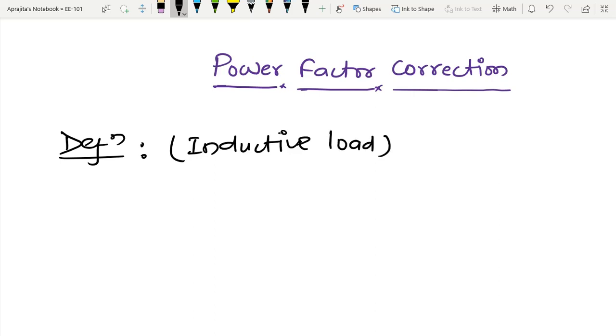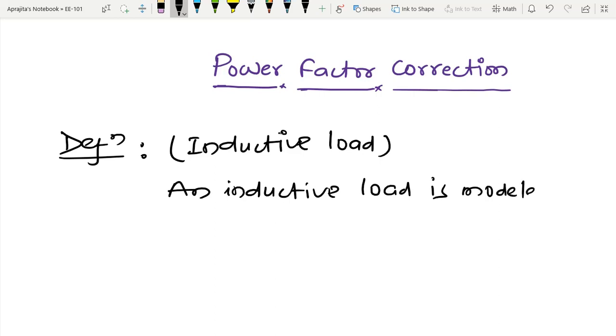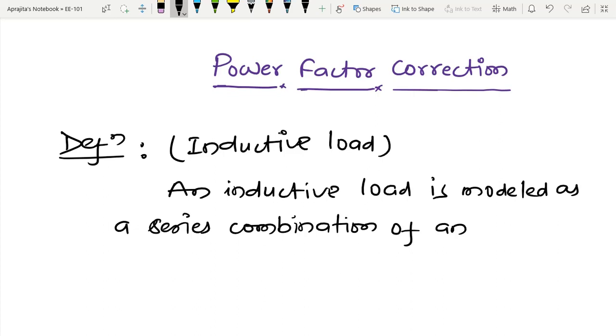So an inductive load is modeled as a series combination of an inductor and a resistor.